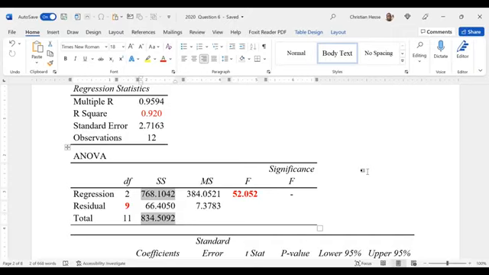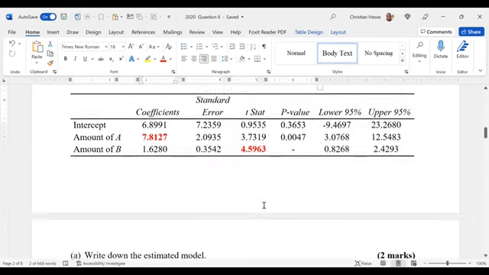Have you seen it? Either you square this, but if this one is not given, then you can do this divided by this. Are we okay? So it means X1 and X2 are contributing about 92% of the total variation in Y. So that is the answer for the last question.